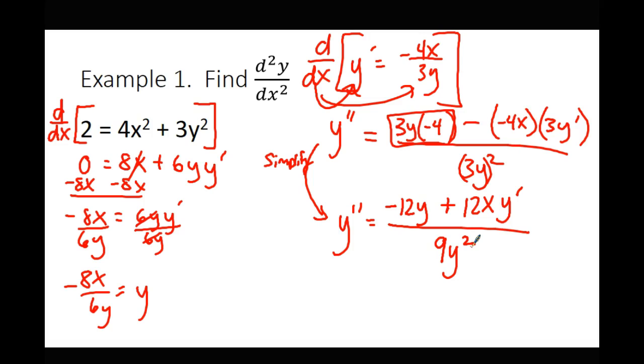But now here's where things get a little bit interesting. They don't want you, typically, to leave this there. They don't want a y prime in the solution. They want just x's and just y's. So what does y prime equal? It equals this, right?